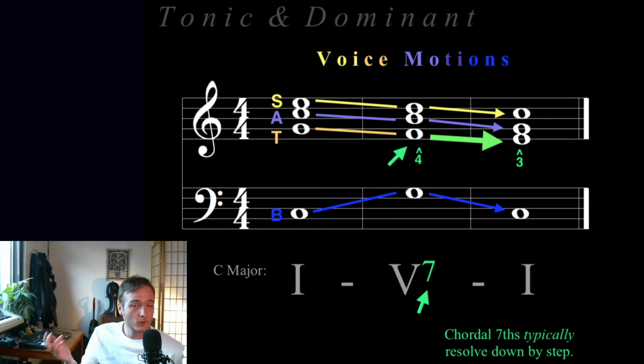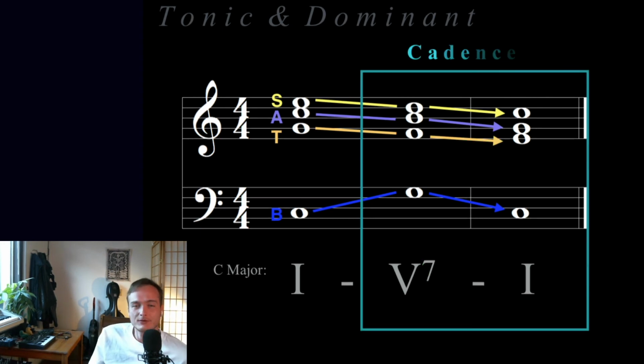And that goes for chordal sevenths in general: when you have a seventh on a chord, very often the tendency is for it to move down by step into the next chord, but it doesn't have to. That's just, again, a pretty common expectation or tendency that you can play with and feel free to explore on your own, or try to figure out how to set up a new tendency in your music. And that contributes to a little bit more motion in the 5 chord going into the cadence.